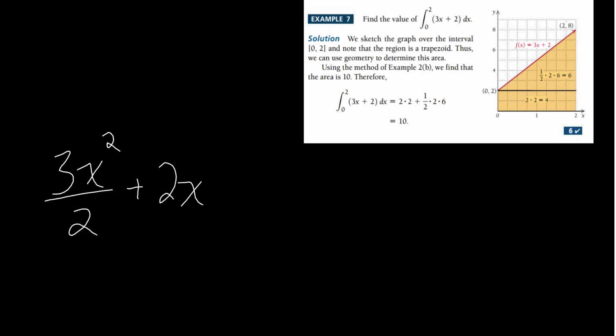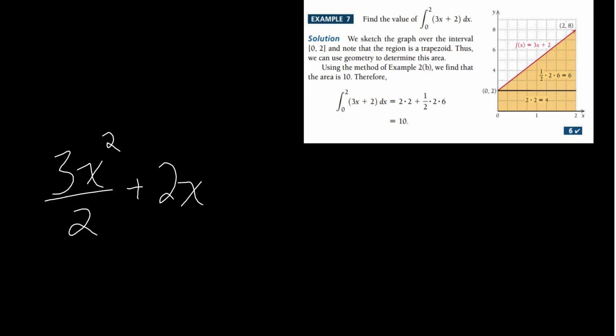I wrestle with this, as you can tell. So this, and of course plus c, but we're not going to be worried about that because we have a definite integral. The way you figure out the area here is you plug in these values, 2 and 0, and you subtract 0 from 2.